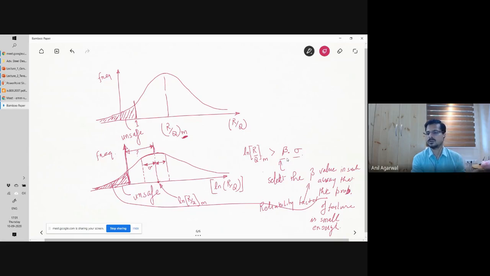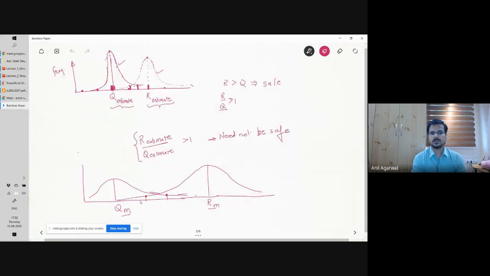If you want to use a particular beta, that means I have to increase my R with respect to Q in such a way that I can get the corresponding level of safety, right? Because beta corresponds to probability of failure. So larger the beta, smaller the probability of failure. So if I want to reduce my probability of failure, I have to increase the value of beta. That means I have to increase the estimated value of R, or median value of R. So I have to push R and Q away from each other.